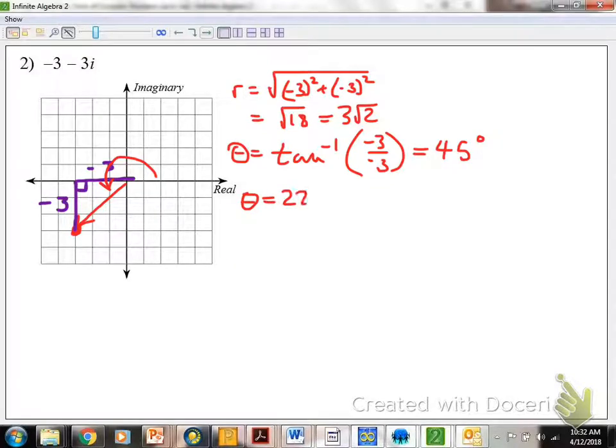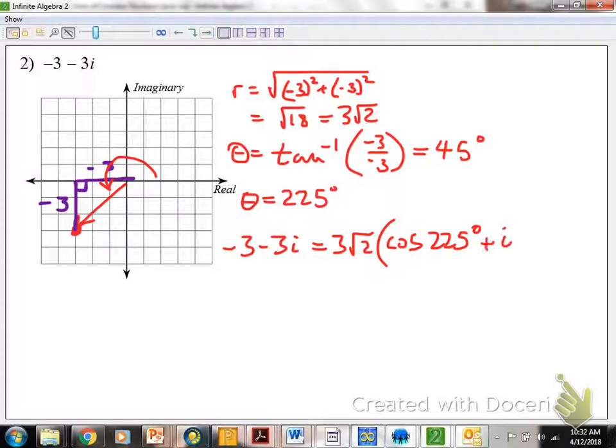So theta is 225 degrees. And my complex number, negative 3 minus 3i, equals the radius times cosine of 225 degrees plus i times the sine of 225 degrees.